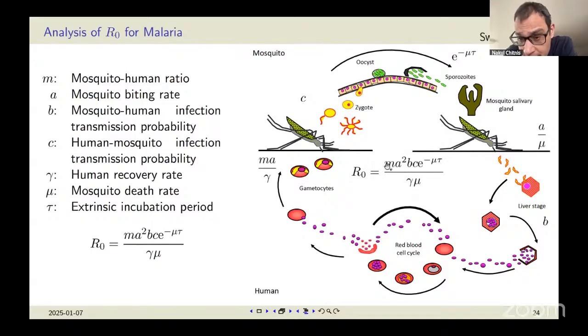If you kill larval mosquitoes, you see here that you would just be reducing M. So if you have half as many mosquitoes, you'd have half as much R naught. If you kill adult mosquitoes, you have an impact here because you're reducing how many infectious bites they would have. But it has a huge impact in this exponential, where you're reducing the probability that a mosquito survives long enough to become infectious.